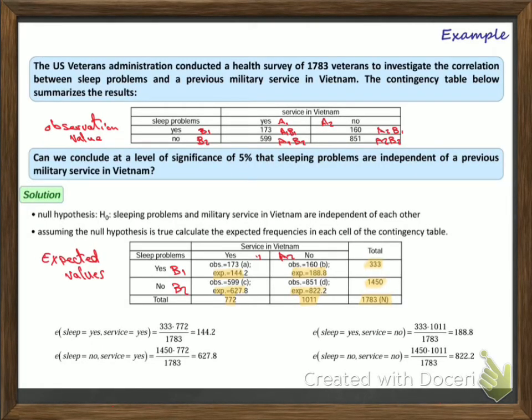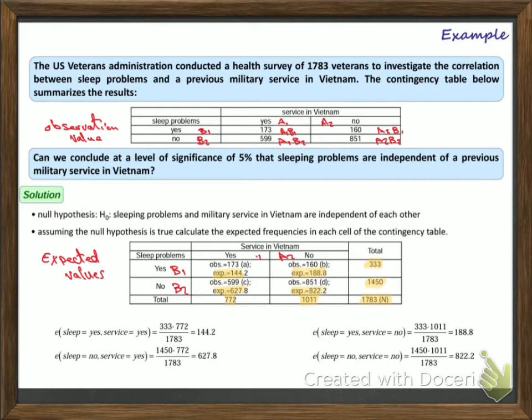So we'll start with this example on a statistics test, and this example says the U.S. Veterans Administration conducted a health survey of 1,783 veterans to investigate the correlation between sleep problems and the previous military service in Vietnam.